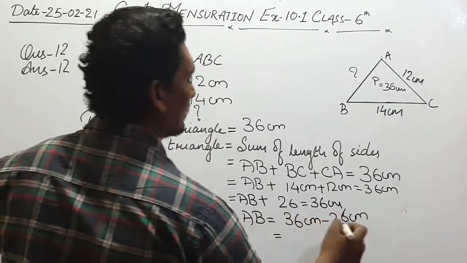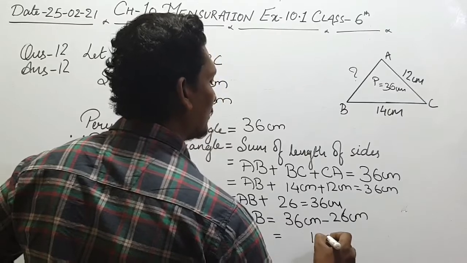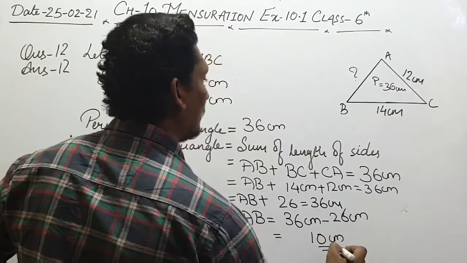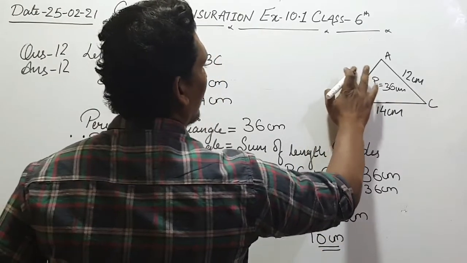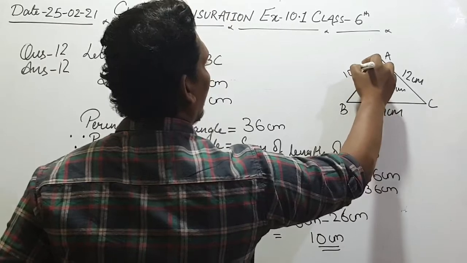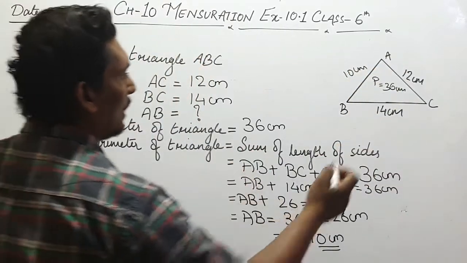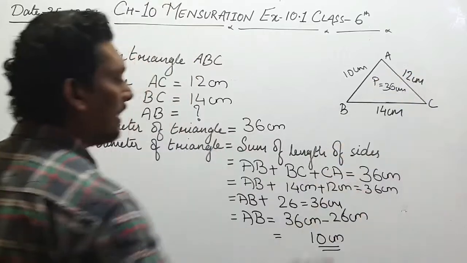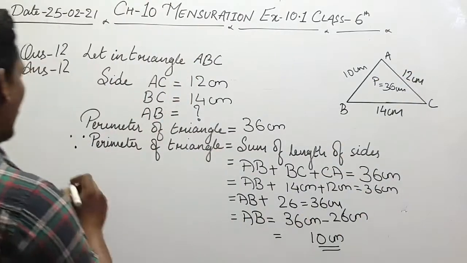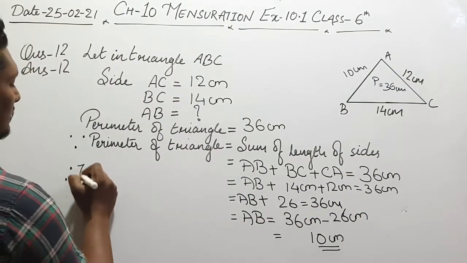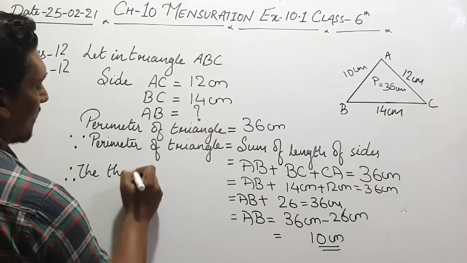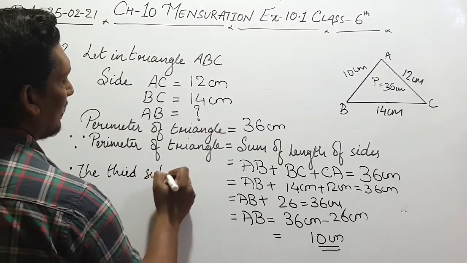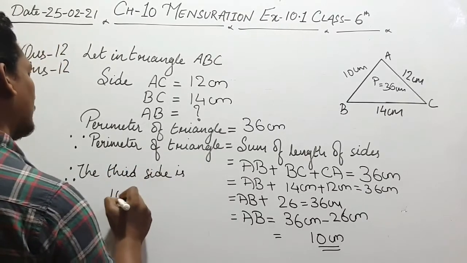We get 10 centimeter. Therefore, the third side, that is AB, is 10 centimeter. When you add 14 plus 12 plus 10, we get 36 centimeter. Therefore, the third side is 10 centimeter.